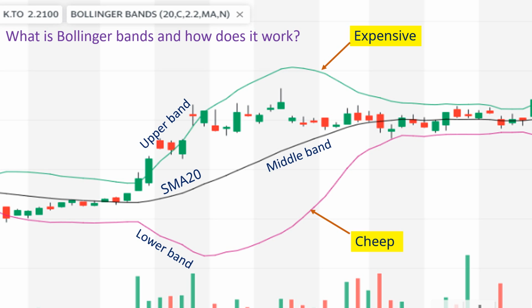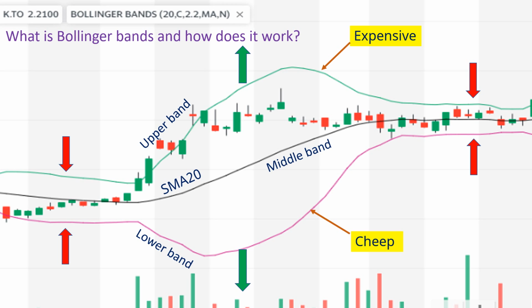Bollinger Band can identify the high volatility of the market by expanding the upper and lower band, and also it can identify the low volatility of the market by contracting the upper and lower bands.